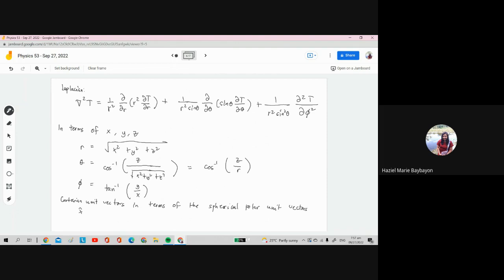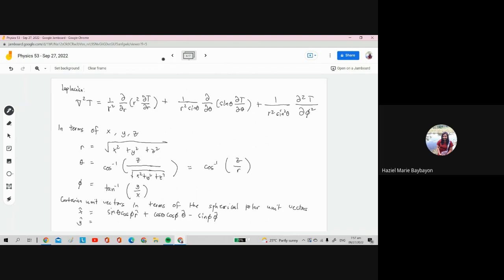Okay, so you have x hat. Your x hat is just equal to, it's not the same as earlier, so this is different: sine theta cosine phi r hat plus cosine theta cosine phi theta hat minus sine phi phi hat. Okay, so this is your x hat.